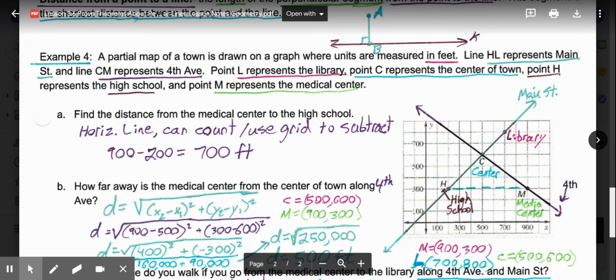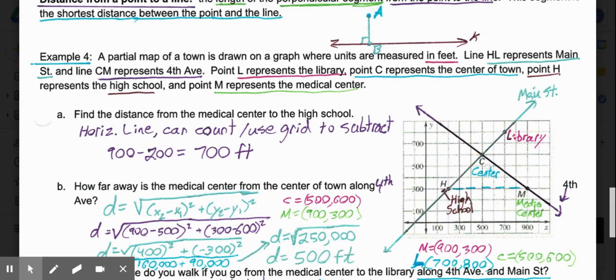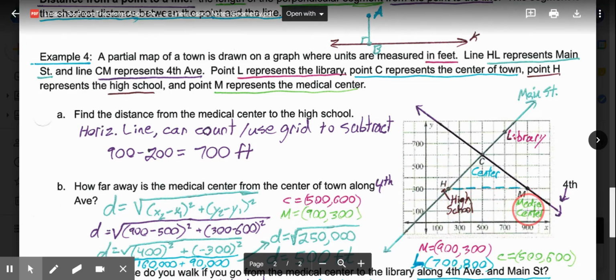Line HL represents Main Street. So we have line HL here representing Main Street. Line CM represents 4th Avenue. And then point L is the library. Point C is the center of town. Point H is the high school. And point M is the media center.